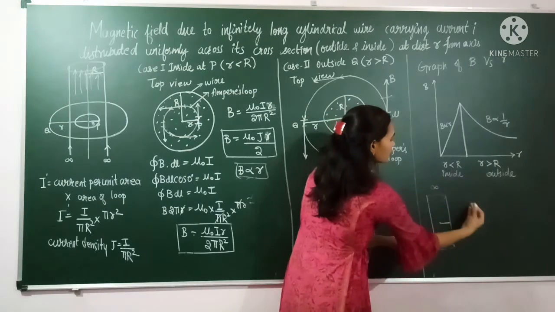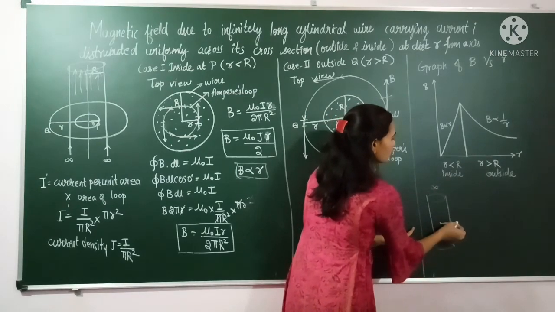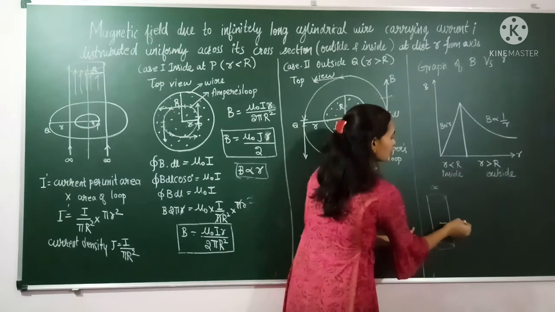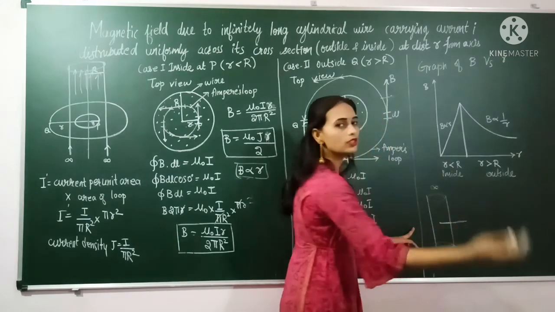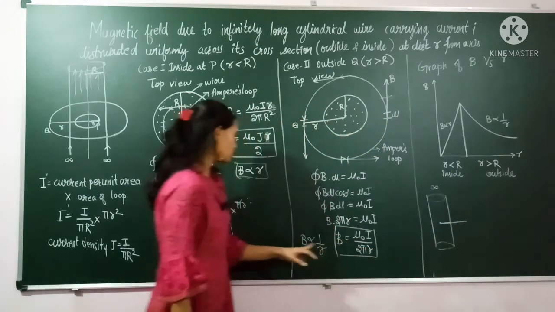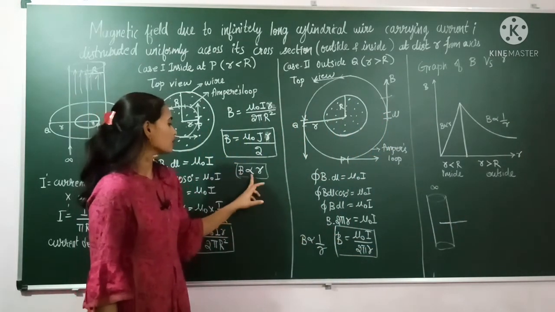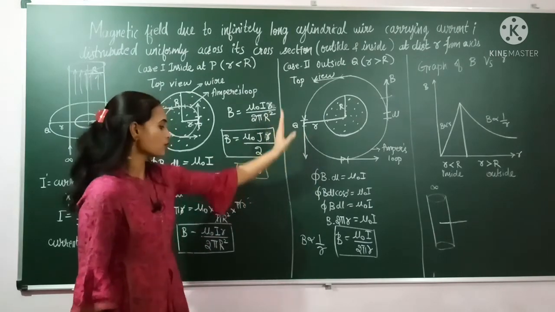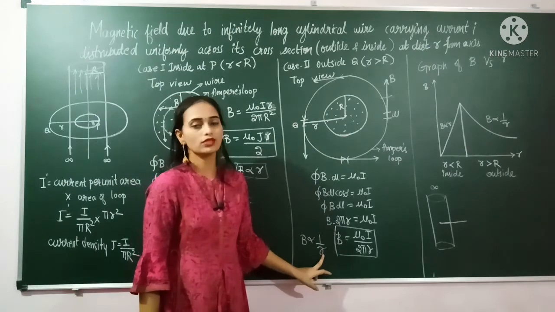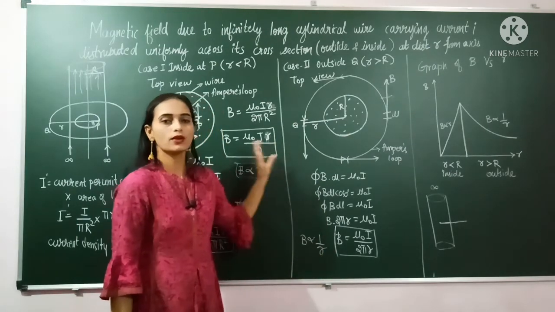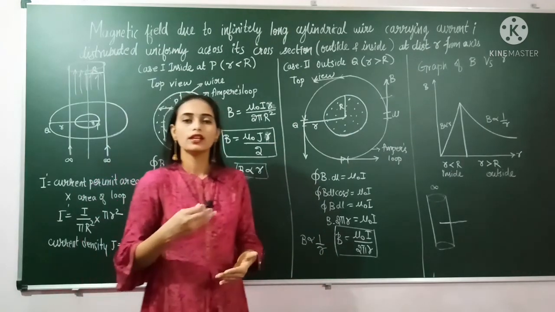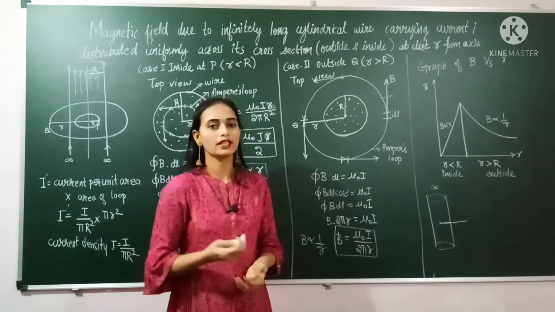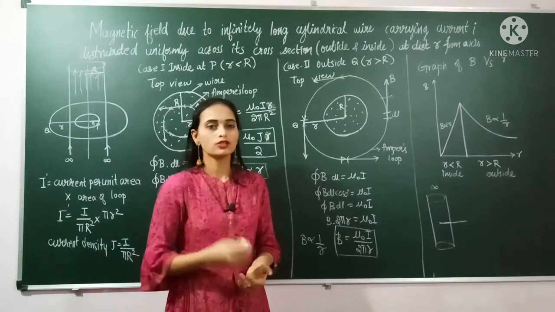But after this cylindrical wire, if you are moving away from the cylinder, then your magnetic field will start to decrease. So these two relations you have to remember: inside, the magnetic field will be increasing and outside, the magnetic field will be decreasing with the distance. So this is all about the magnetic field due to an infinite cylindrical wire, a solid cylinder.